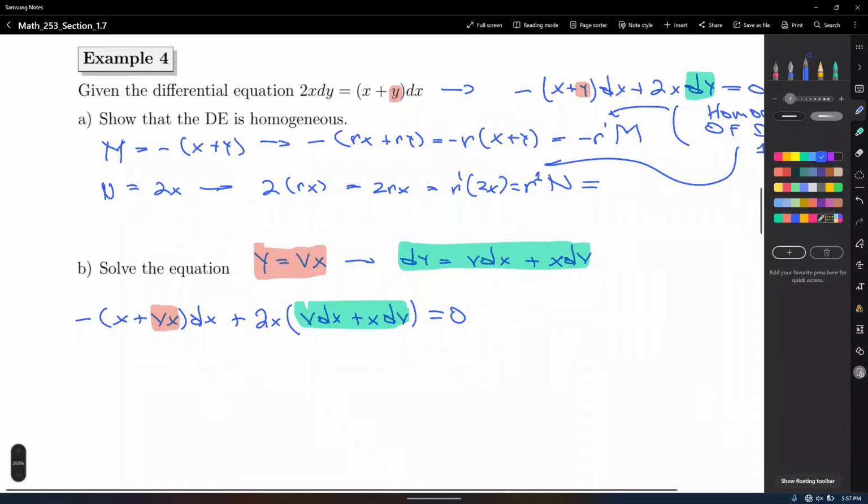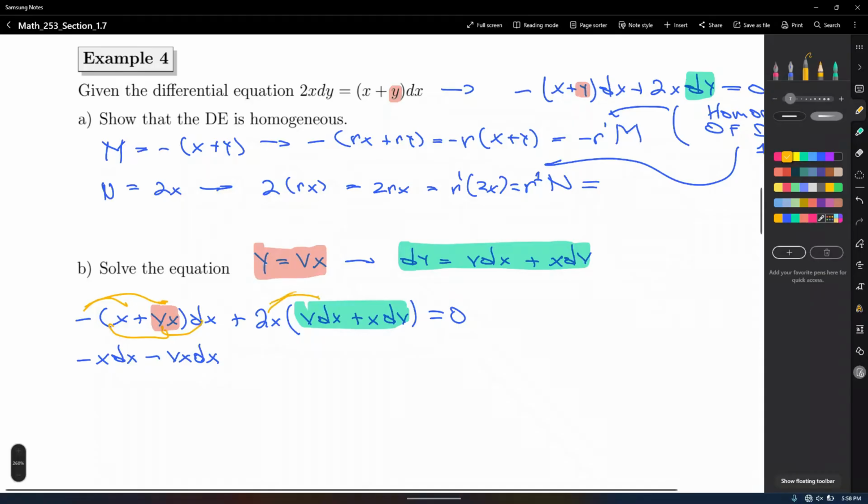Be careful over here because I'm going to distribute the negative and also the differential dx. That leaves us with negative x dx and then minus vx dx also.